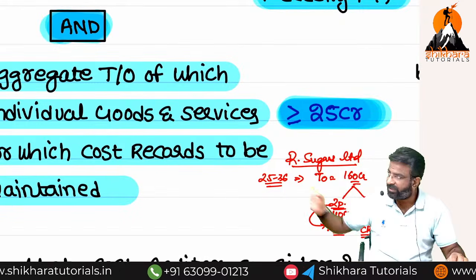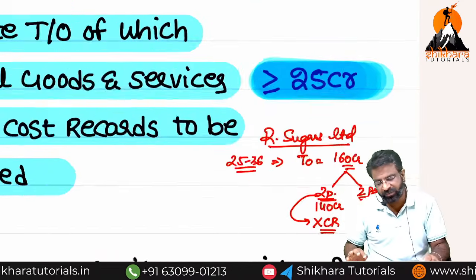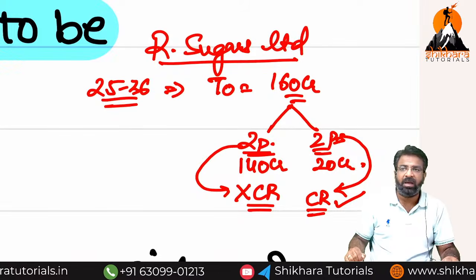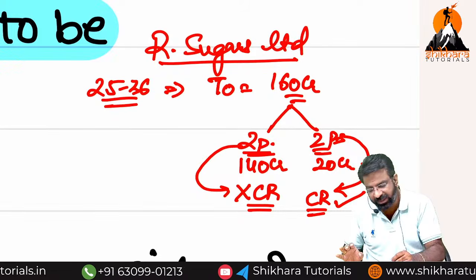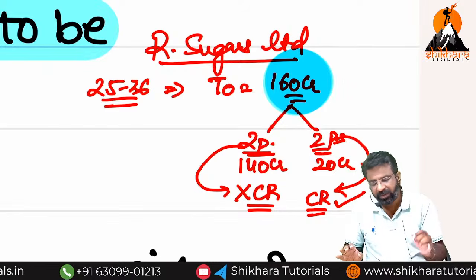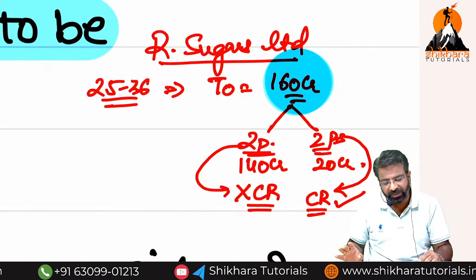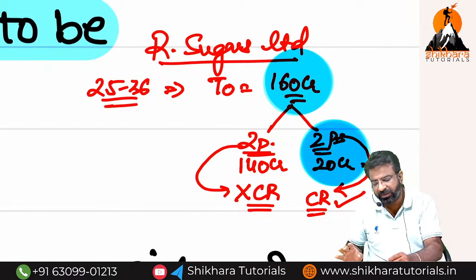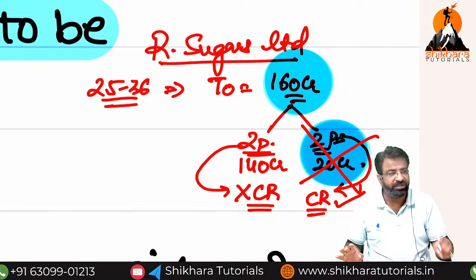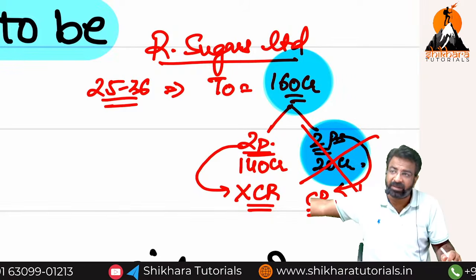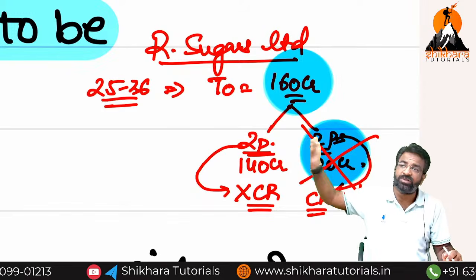So my question is, is cost audit required in the case of Sugars Limited or not? Answer is no. The first condition is matching, the annual turnover condition, but is the second condition matching or not? Due to the non-matching of this condition, cost records are compulsory, but there is no cost audit for this financial year.